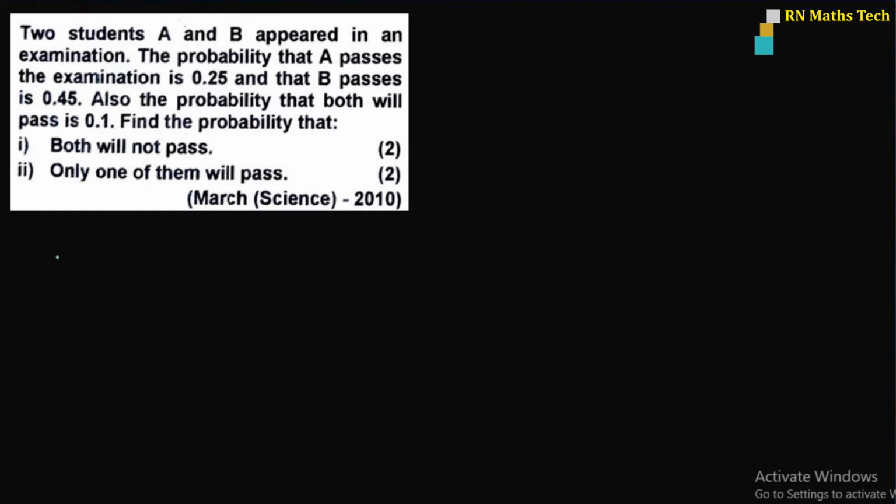So let us choose two events A and B. Let A be the event that student A passes the examination. Then B be the event that student B passes the examination.